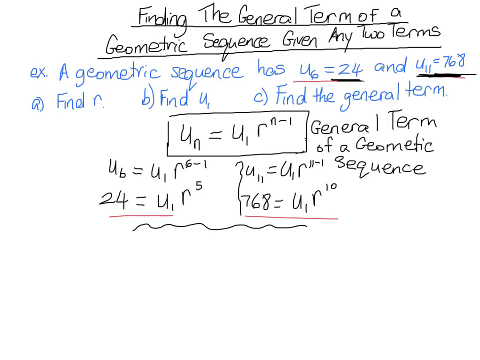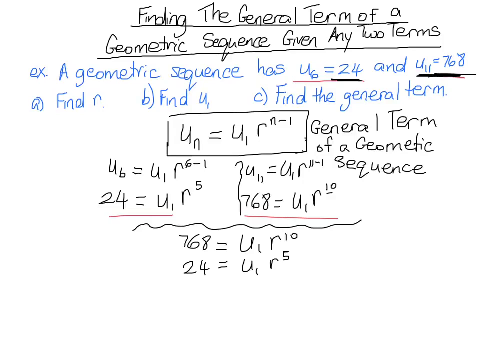That means we are able to solve these two equations simultaneously. You want to stack them one on top of the other, with the one with the bigger exponent on top. So 768 equals U1 R to the 10th is our first equation, and 24 equals U1 R to the 5th is our second equation.